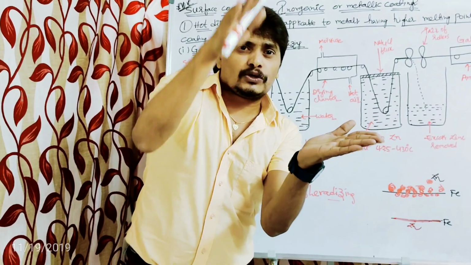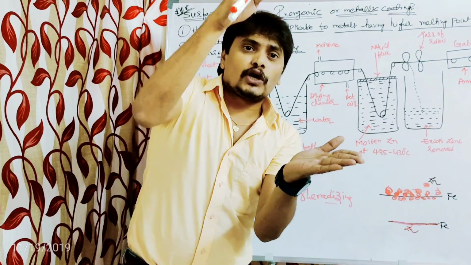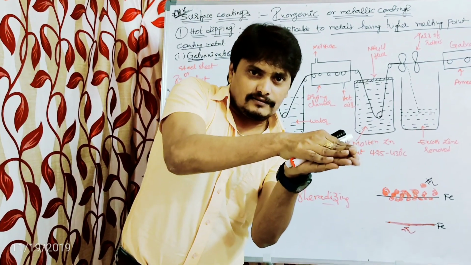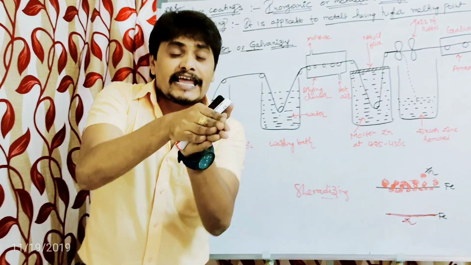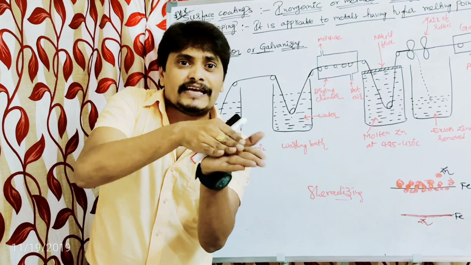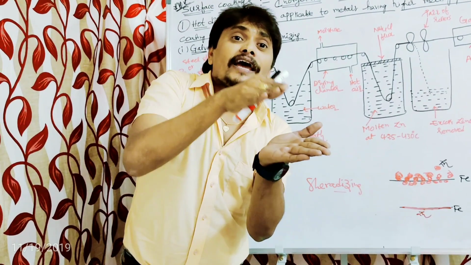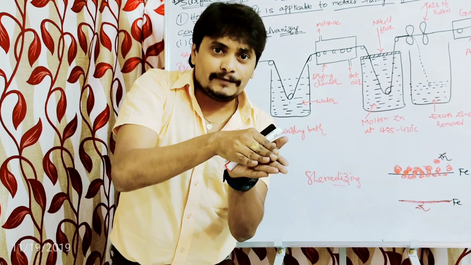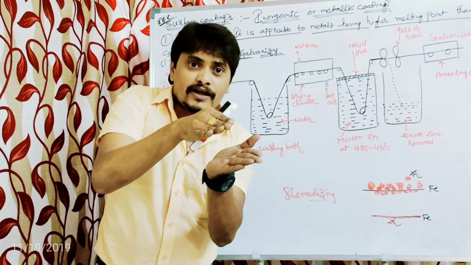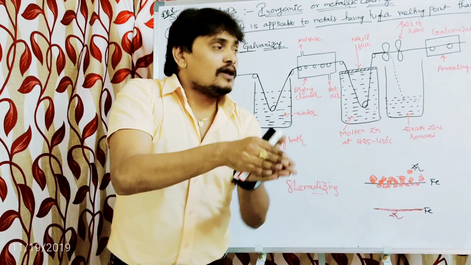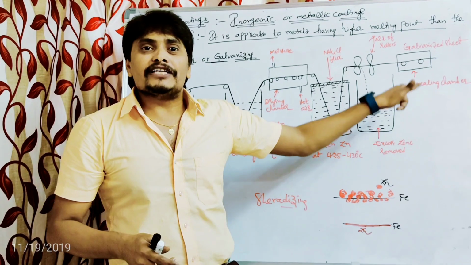So in order to ensure the strong adhesion, strong sticking, strong bonding between the coating metal and the base metal, what we need to do is we have to pass the galvanized sheet. Galvanized sheet means the base metal is iron on which the zinc has been coated. That is the galvanized sheet, and in order to ensure the 100% adhesion or sticking or binding of the coating metal with the base metal, we have to pass the galvanized sheet into the annealing chamber where higher temperatures are being maintained.